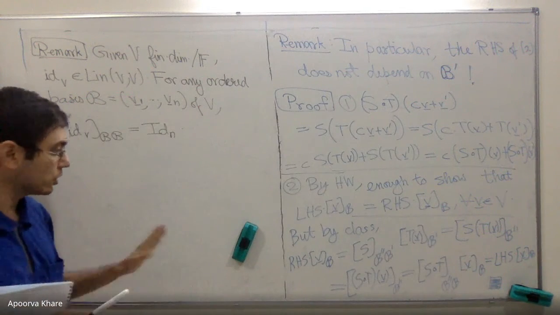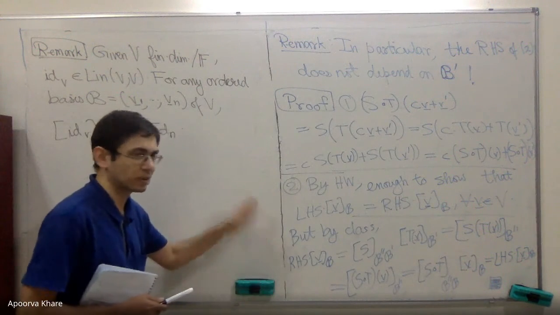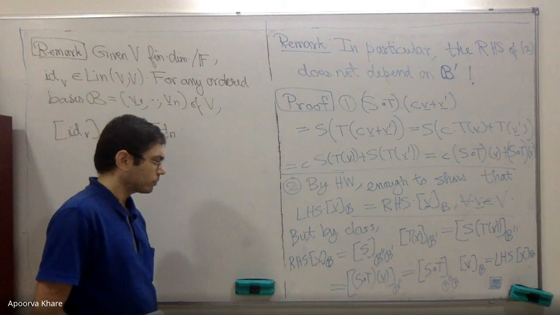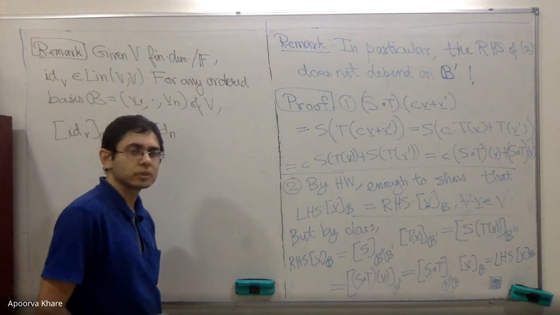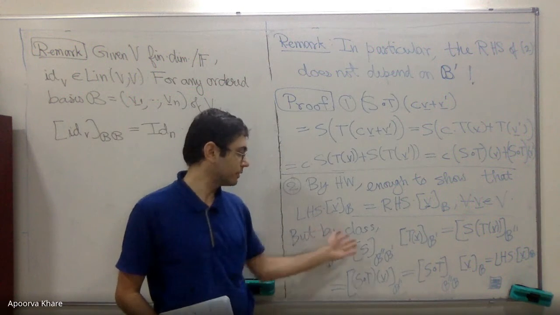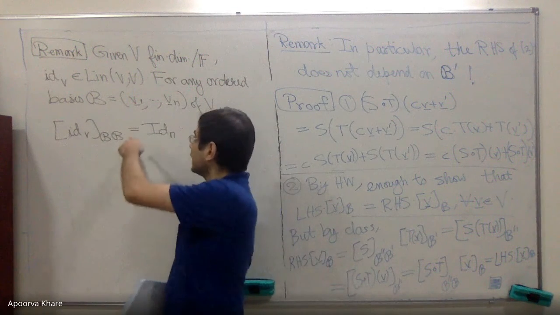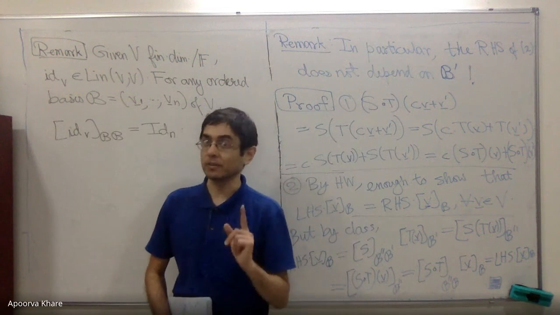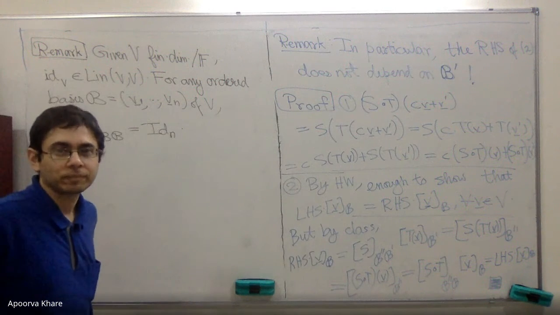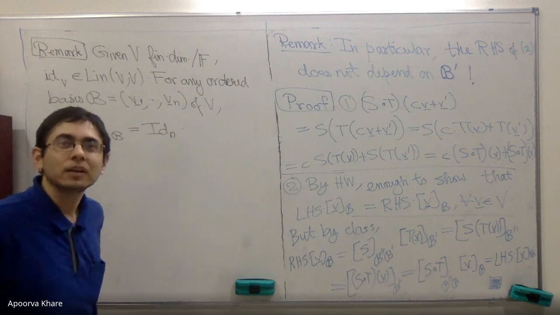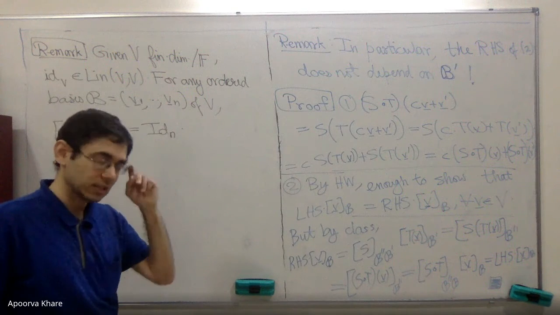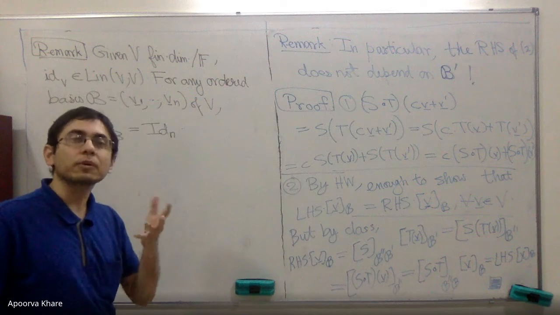So now this operation of assigning a matrix to every linear transformation, after having fixed a pair of bases, is very nice. It behaves well with respect to composing, and it also has the identity going to the identity matrix. So what happens if my linear transformation is invertible? You can pretty much guess. If the transformation is invertible, it has an inverse which is linear. That's one of your homework exercises. So what about the matrices of these two?